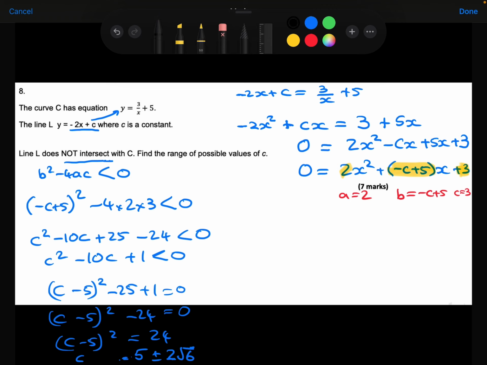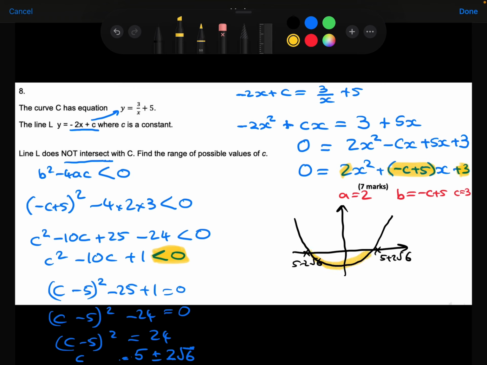Now let's think about the fact that this is an inequality, so I should draw a little sketch. So 5 plus 2 root 6 is over here somewhere. 5 minus 2 root 6 is down here somewhere. Doesn't really matter. It's going to look something like this. And we're looking for when this discriminant is less than 0, where it is negative.